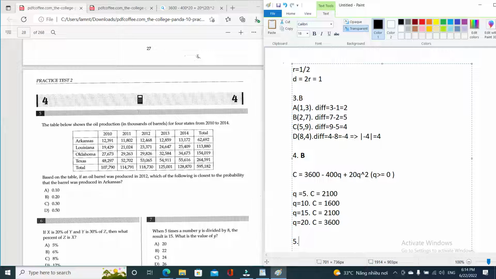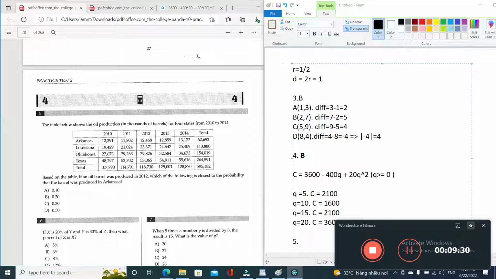So we have a table of barrels of oil produced in 4 different states: Arkansas, Louisiana, Oklahoma, and Texas, over 5 years: 2010, 2011, 2012, 2013, and 2014.